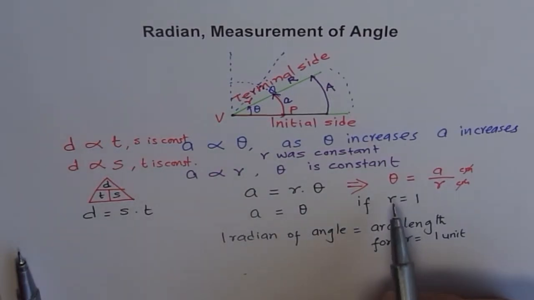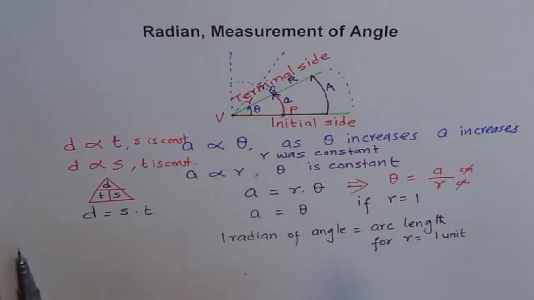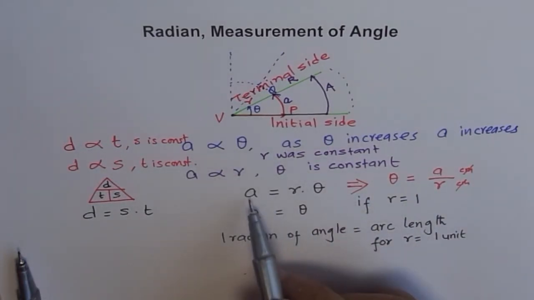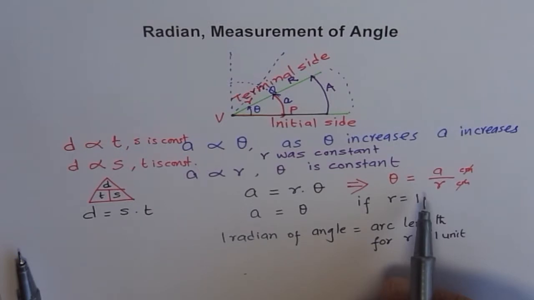So that is how we came up with theta and its definition. Do you appreciate it? So theta equals A divided by r, from this relationship. That gives us another definition of theta: the radian measure of an angle theta is defined as the length A of the arc that subtends the angle divided by the radius r of the circle.